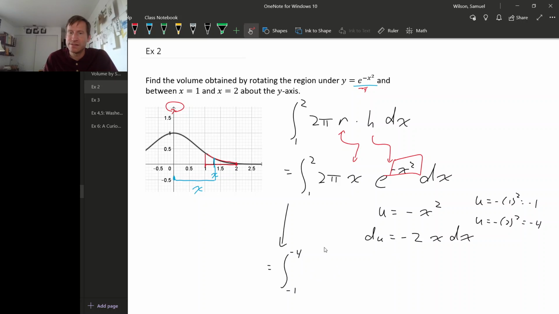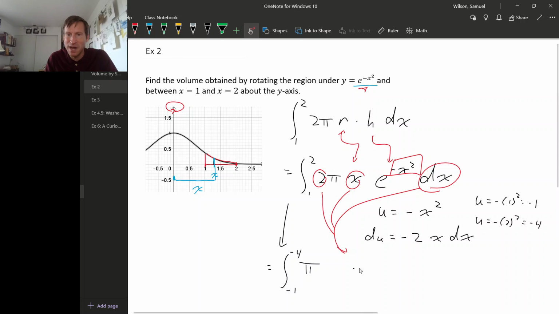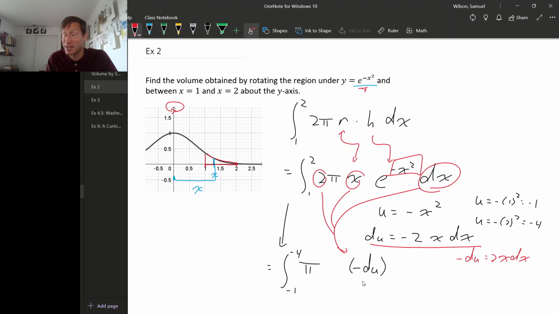So let's see. We have a pi. This 2, this x, and dx, those all go together to make minus du. The second substitution equation here, if we multiply both sides by minus 1, says that minus du is 2x dx. So here I've collected together 2 times x times dx. All of that together makes minus du.